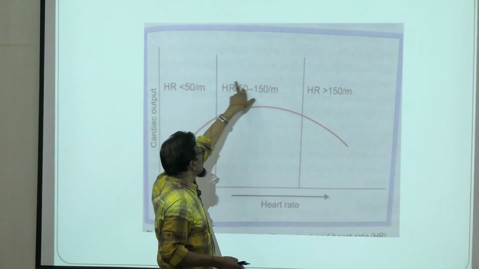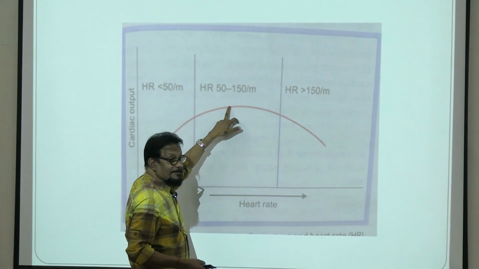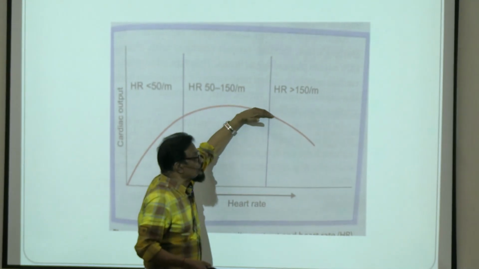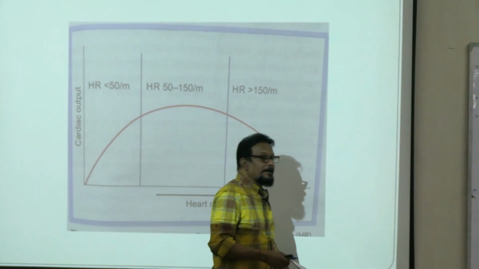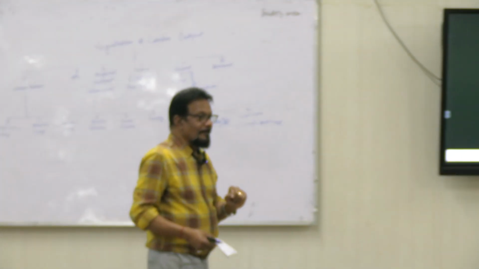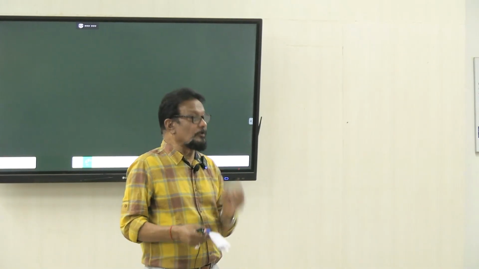During this range, initially cardiac output will be increased. Thereafter it will remain the same, and then it will start to fall. Why is it falling, when heart rate is increasing? Because stroke volume is decreasing at this high heart rate.